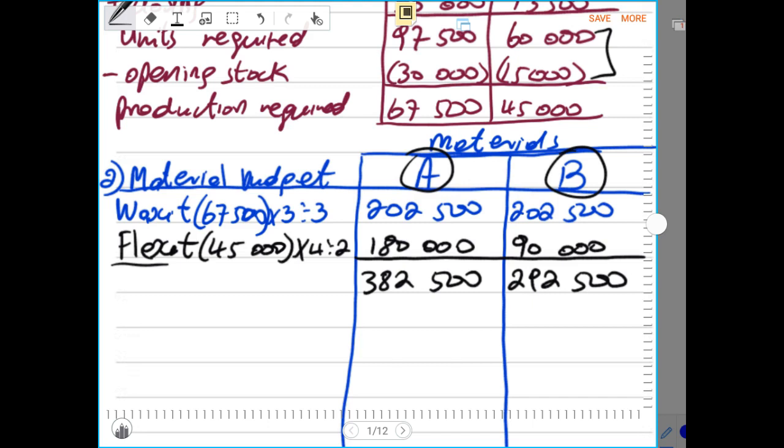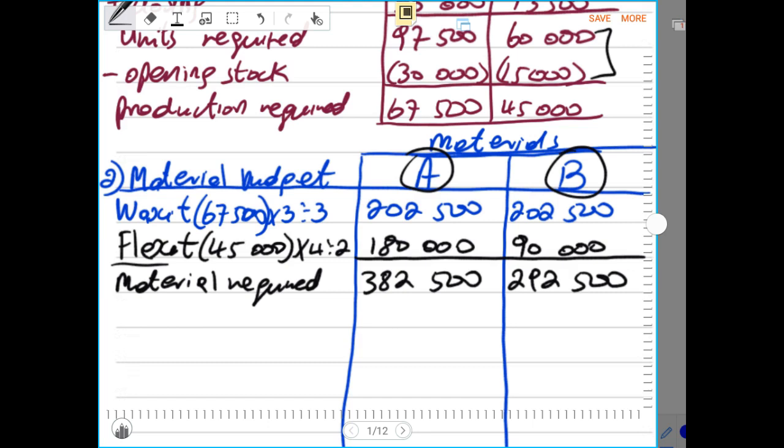Therefore from this point we start doing the same thing where we say material required. Then from the material required, we are able to subtract the opening and we add the closing.